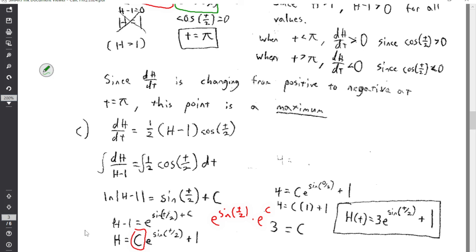Now over here, we're going to plug in the point. We're plugging in 0 for t and 4 for h, and solve and find that c equals 3. So 3 is the number that winds up out in front in the final answer. So that's our steps for the separation of variables.